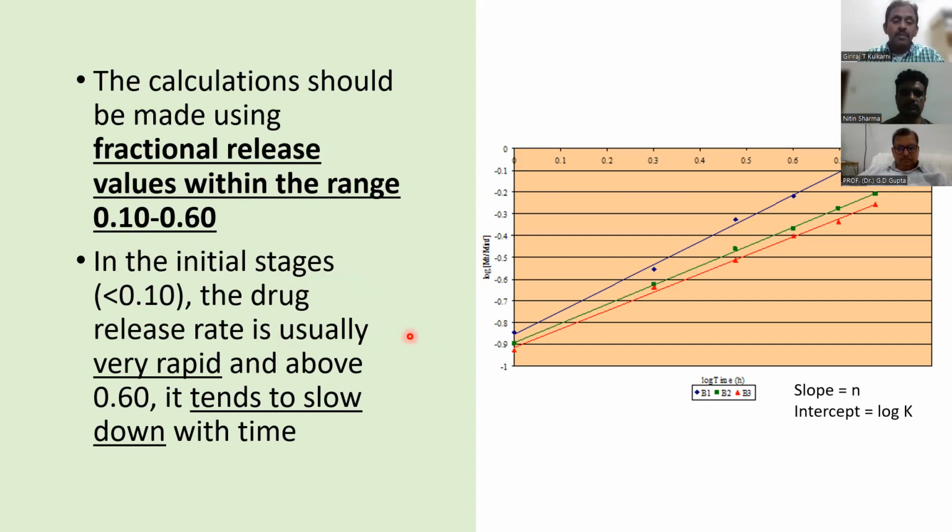Burst release type behavior will be seen. Above 0.6 or 60%, usually it tends to slow down. So points below 10% and above 60% will not fit into your straight line. That's why, whenever we are planning for the Korsmeyer-Peppas equation, just use the values between 10 and 60% only. Above 60 not allowed, below 10 not to be used.